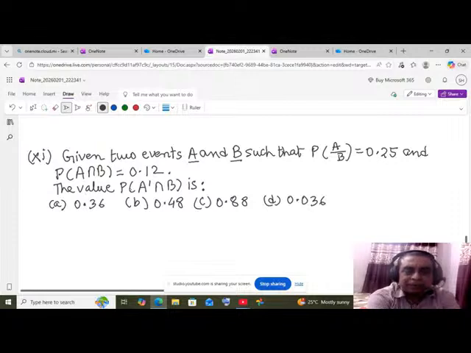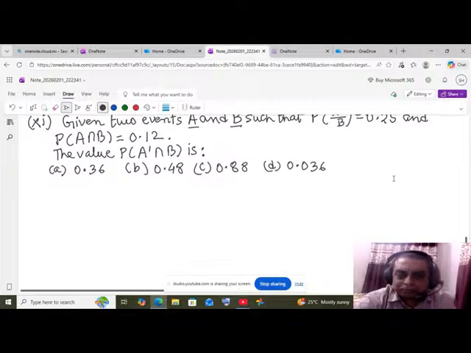Then you have to find the probability of A dash, the complement, intersection B. The options are A: 0.36, B: 0.48, C: 0.88, D: 0.036. Which one is the correct choice? We have to find out.